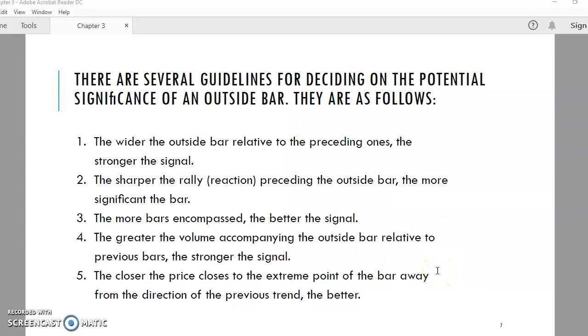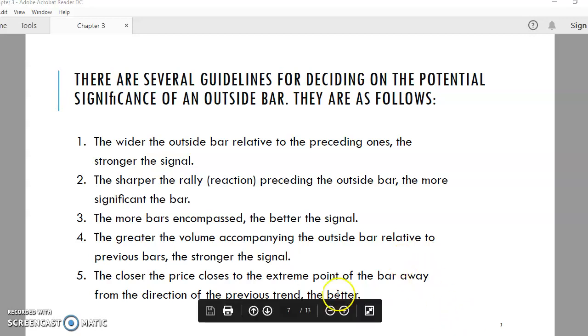So there are several guidelines for deciding on the potential significance of an outside bar. First, the wider the outside bar relative to the preceding one, the stronger the signal. Second, the sharper the rally preceding the outside bar, the more significant the bar. Third, the more bars it encompasses, the better the signal. Fourth, the greater the volume accompanying the outside bar relative to the previous bar, the stronger the signal.